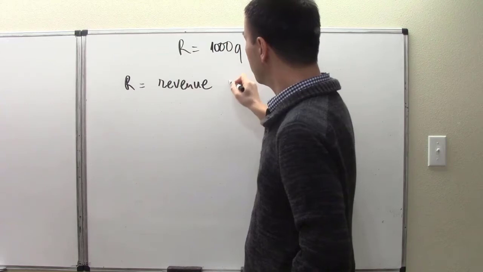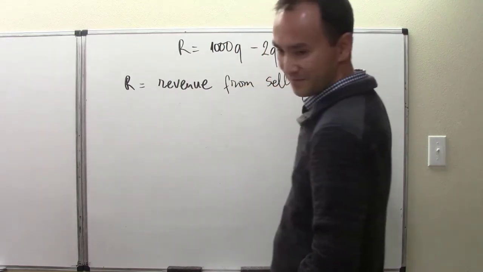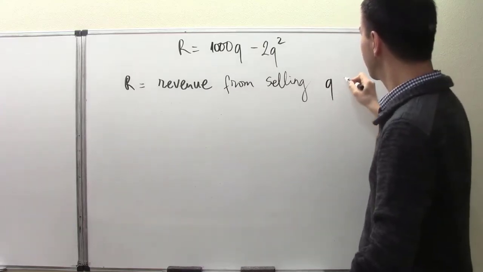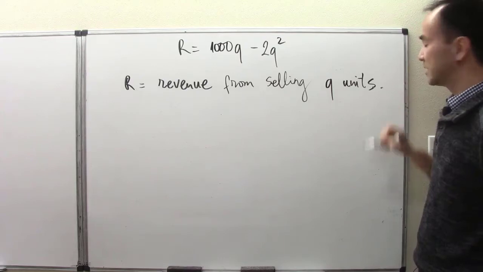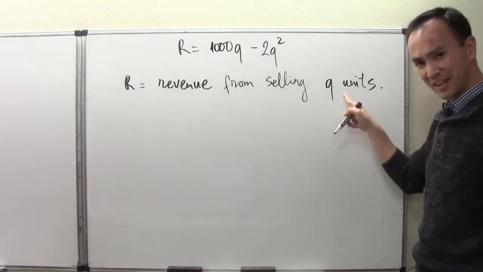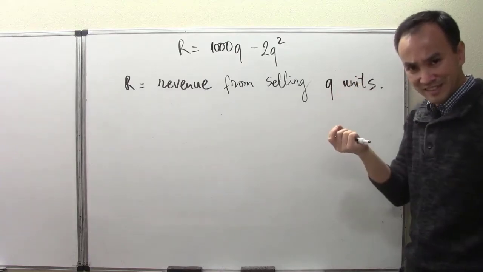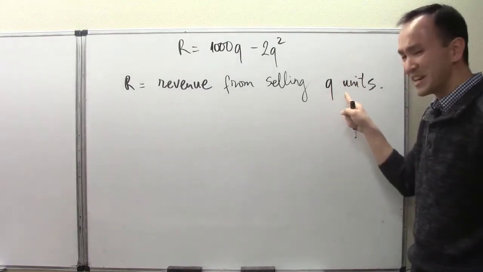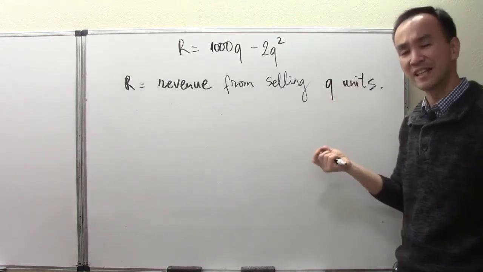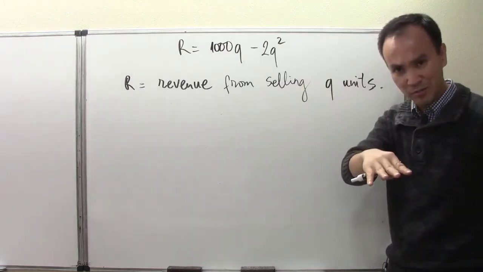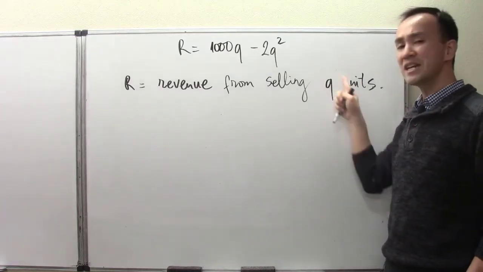So the revenue from selling Q units. That's how we recognize the information. The worded description of the problem also revealed the meaning of this Q variable.